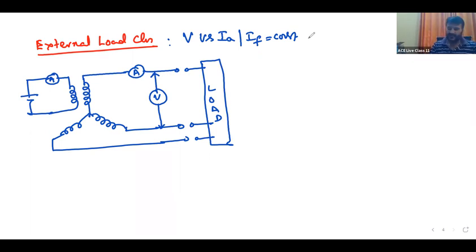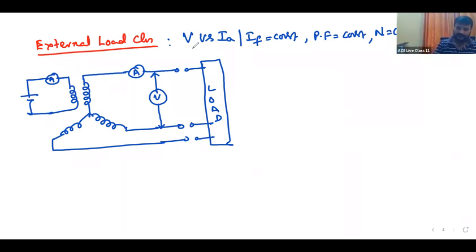Other things means IF constant, power factor constant, meaning the same type of load throughout, say only resistive load. Speed is constant.